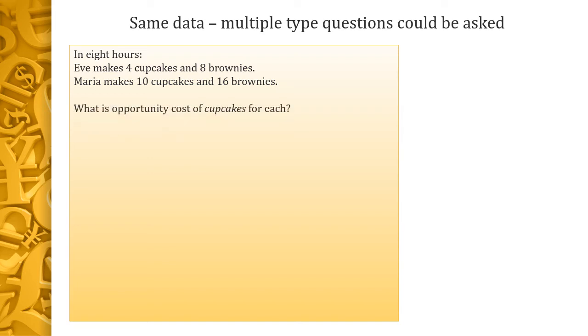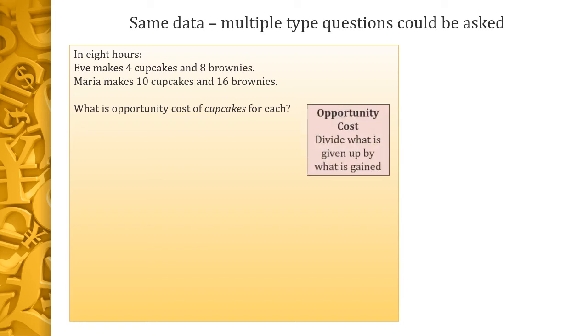One of the first things they may ask you is, what is the opportunity cost for cupcakes for each? Remember, to figure out an opportunity cost, we simply divide what is given up by what is gained. In this case, we want to make cupcakes, so what would we give up? We would give up brownies.